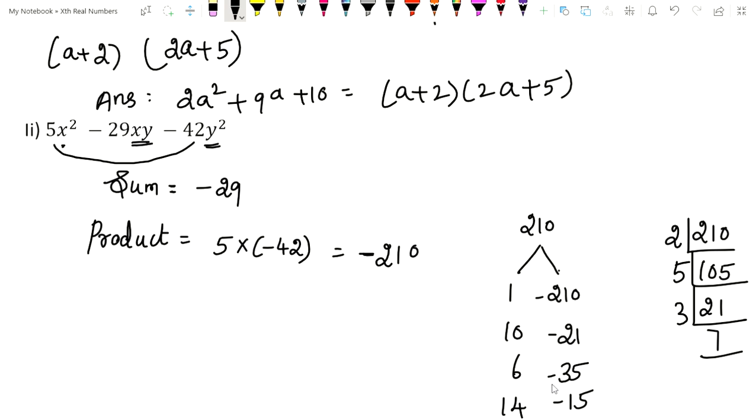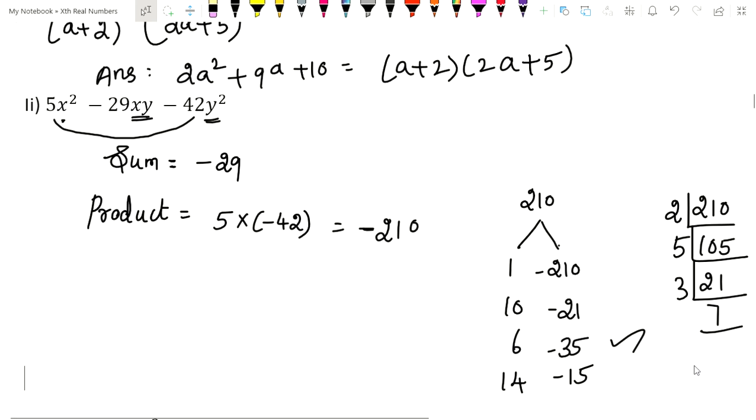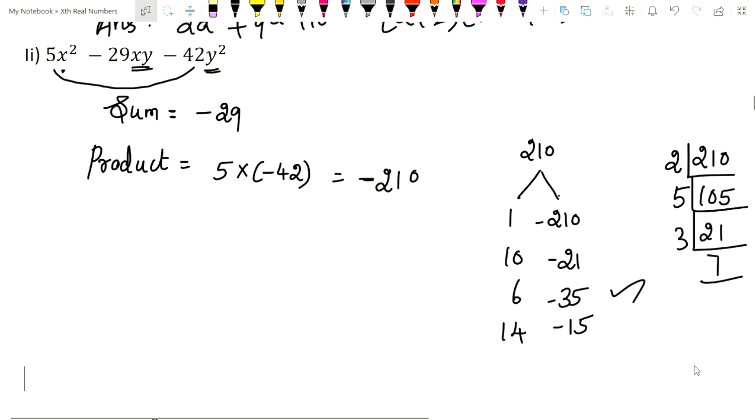Minus 35 plus 6, minus 29. Minus 15 plus 14, minus 1. So this is the suitable factor: 6 and minus 35.